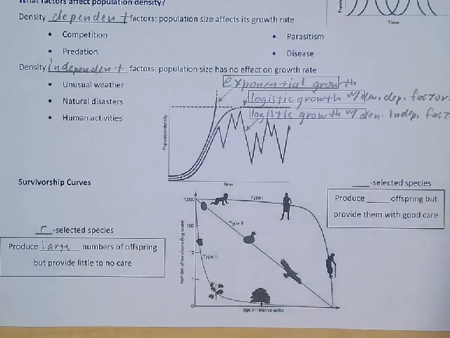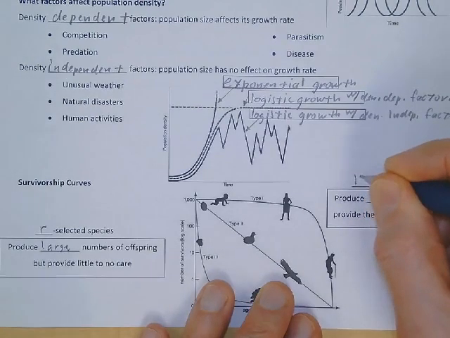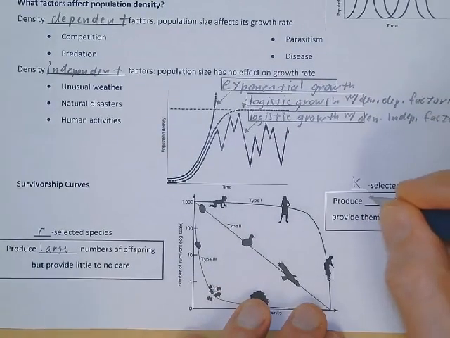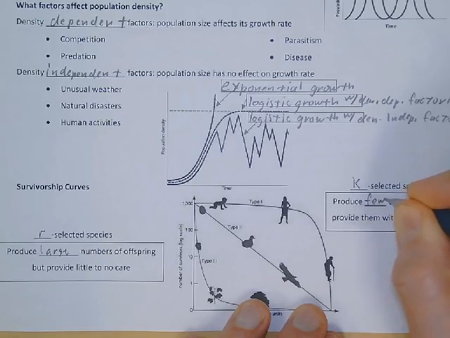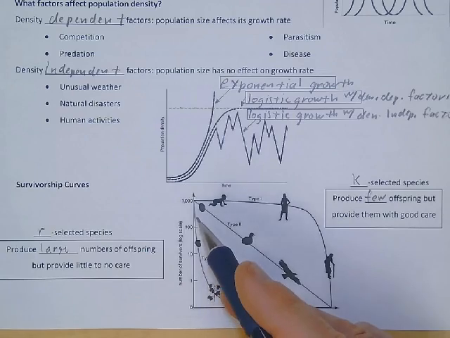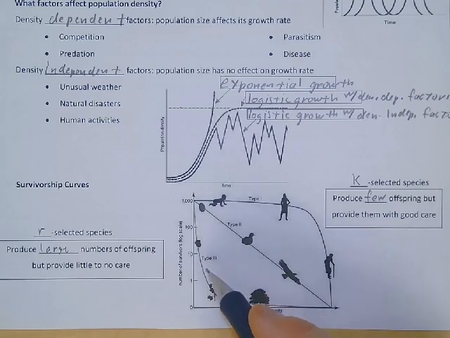On the flip side are those animals and plants that invest a lot of resources into the young, and we call those K-selected. They produce very few offspring, but provide them with good care. Okay? R-selected species tend to look a bit like this, where you start off with tons and tons of them.